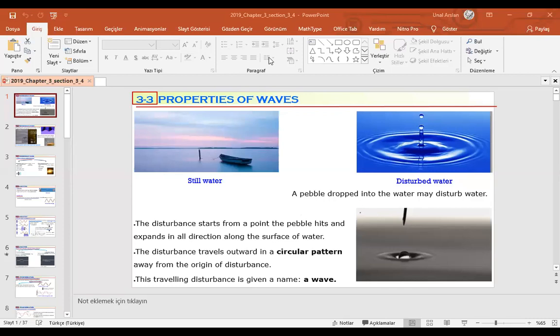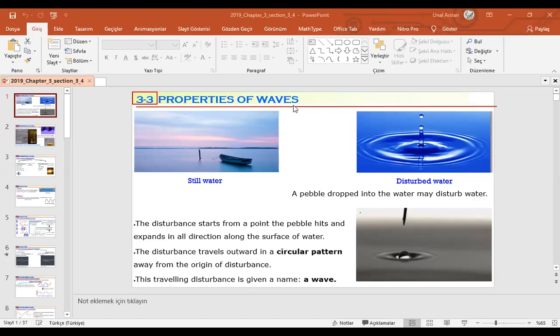All right, so we will start section 3, chapter 3, which is about the waves. Section 1 and 2 were basically defining simple harmonic motion, and section 3 is defining the waves because they are related.